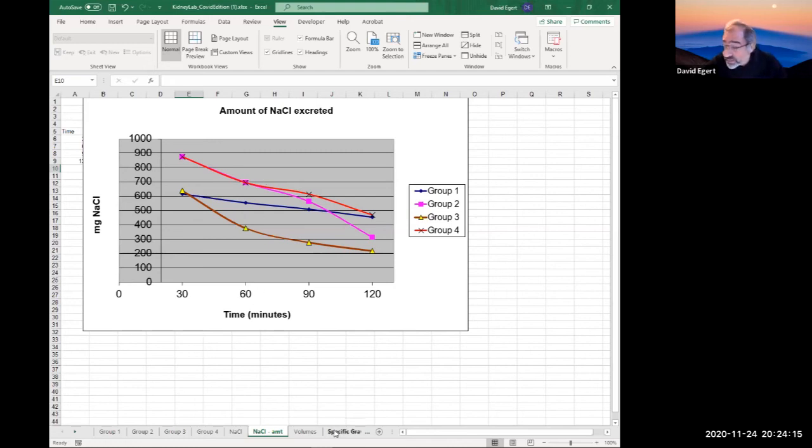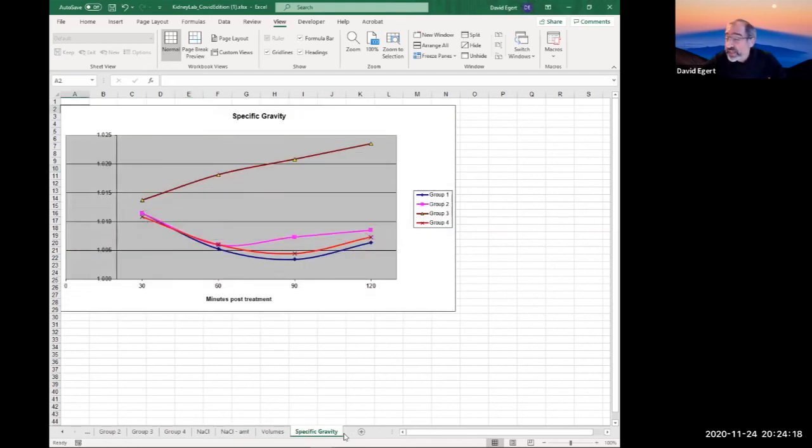And then finally, specific gravity is not going to be that interesting. It's basically mimicking the salt concentration. So group 3, with the really high salt concentration, has a really high specific gravity. Groups 1, 2, and 4, with the low salt concentration, have a lower specific gravity.